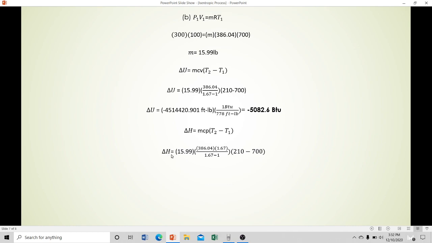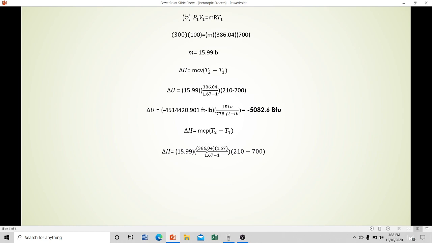And for the change of enthalpy, we have M Cp change of T, or T2 minus T1. So the change of H is equivalent to mass, 15.99, and the formula for specific heat at constant pressure, we have RK over K minus 1. R is 386.04 and K is 1.67.